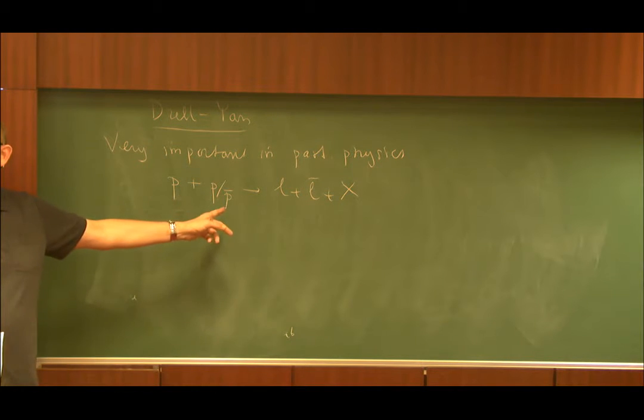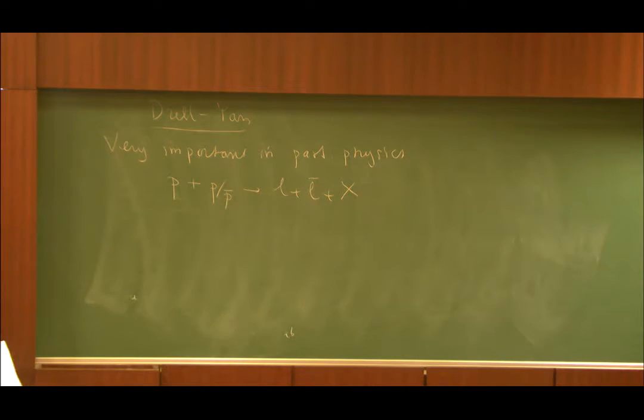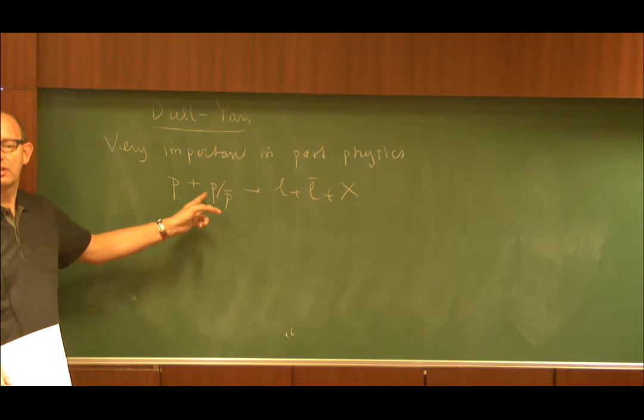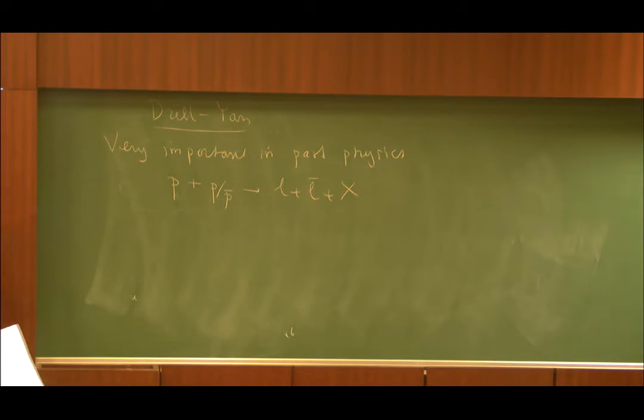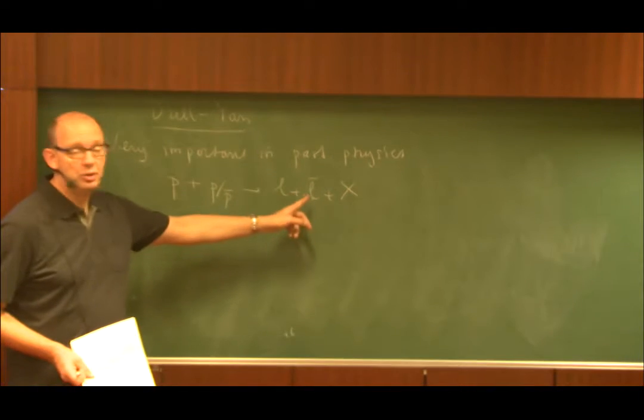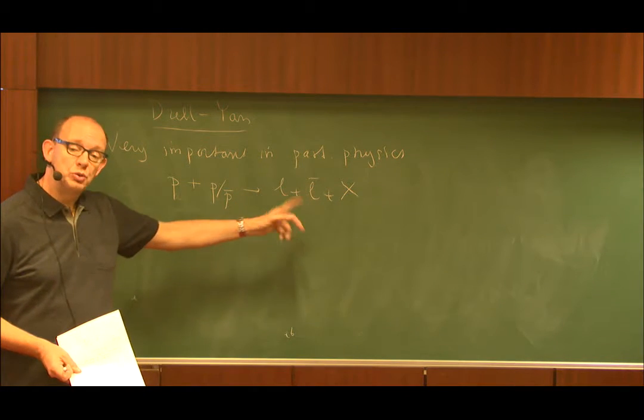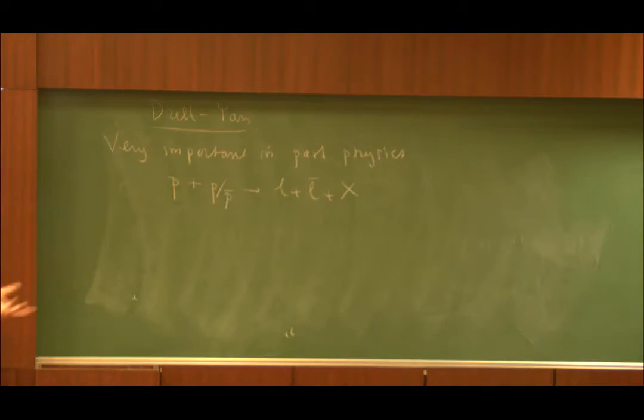PP bar would have been the Tevatron in the US. You could also call it proton on a fixed target. Fixed target experiments have been happening. All of that, as long as it's the muon anti-muon or electron anti-electron comes out, or an electron neutrino comes out, we call it Drell-Yan.